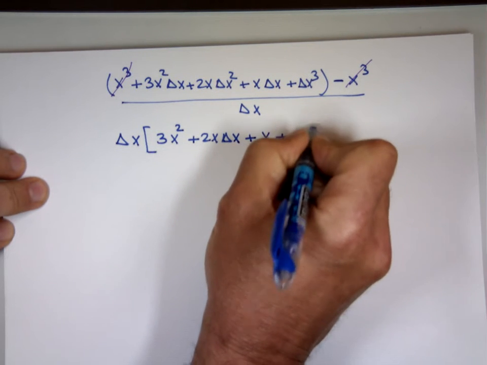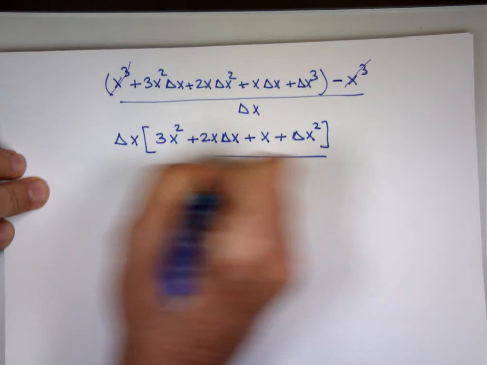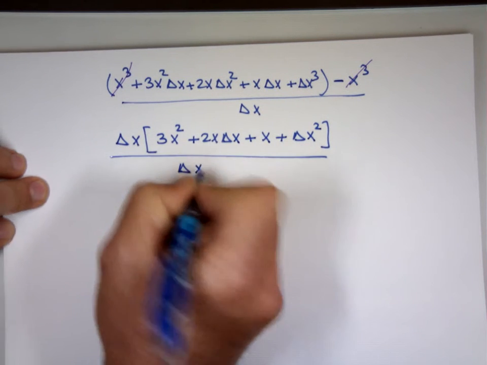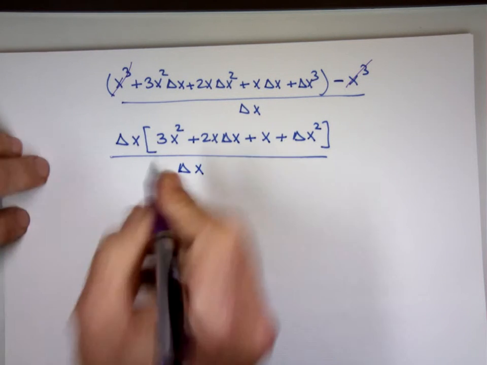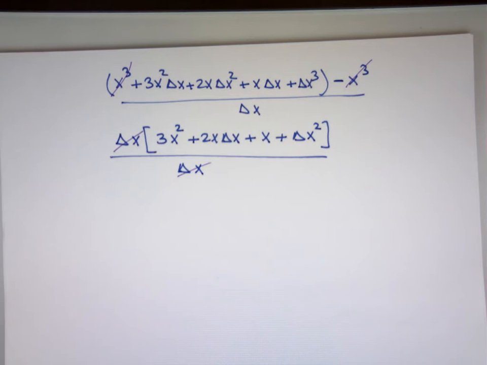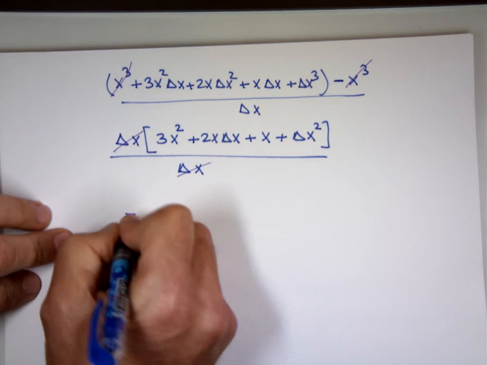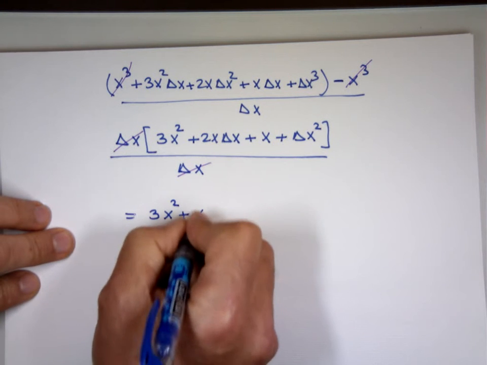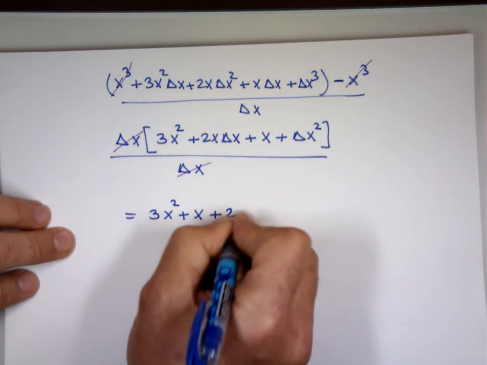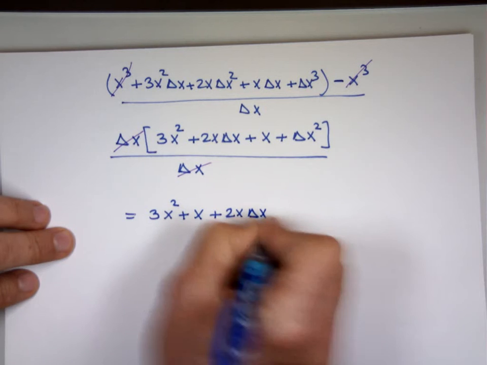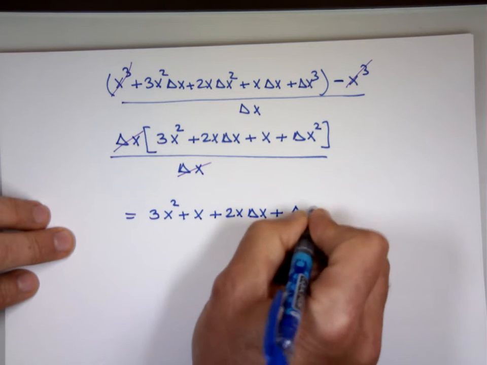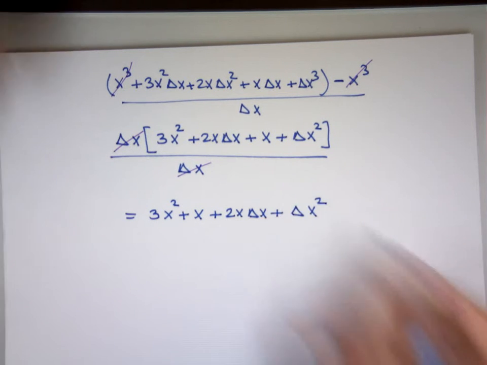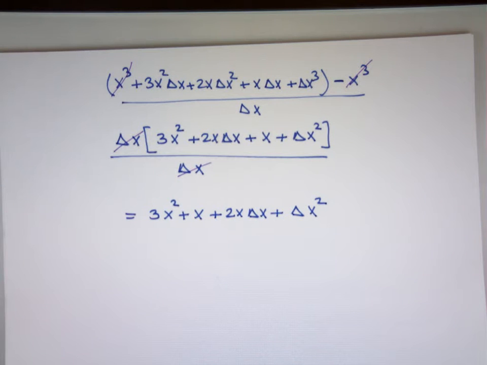Squared, divided by the delta x, and the delta x will cancel each other out. And if you write that in descending power, I can say 3x squared plus the x, and I'll increase the delta x power. And that'll be the answer to that one.